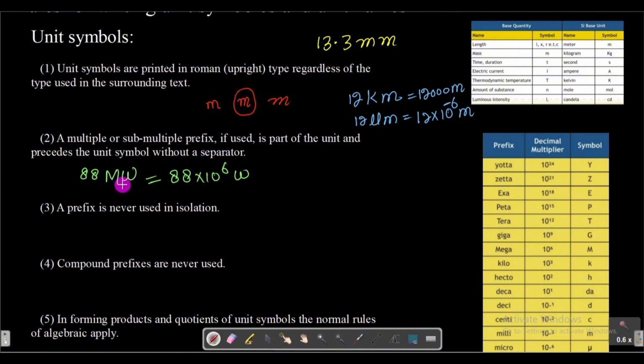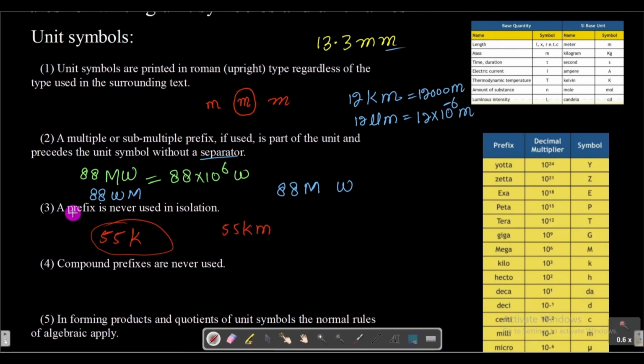It means that you will write this mega adjacent to this unit. Okay. And similarly, it precedes the unit symbol without a separator. It means that this mega, this prefix, will always be present before the unit. It will not be present after the unit. If it is present after the unit, it will not make any sense.